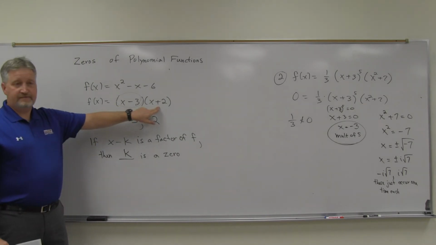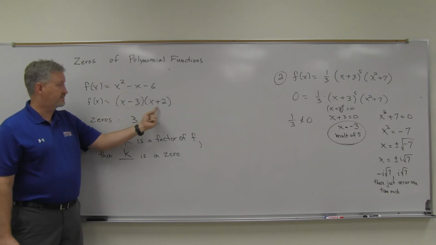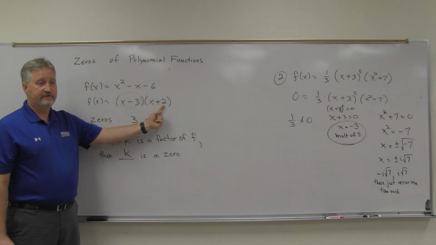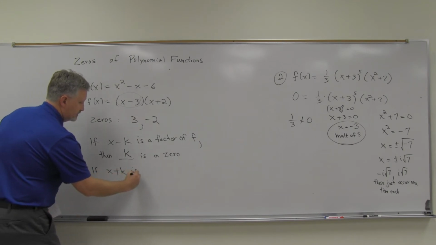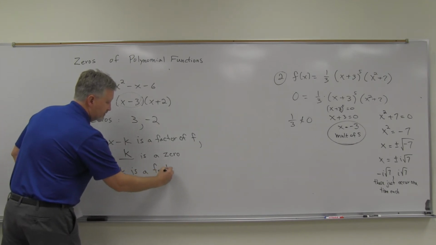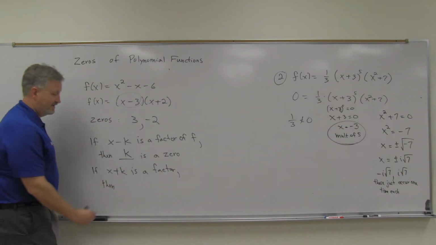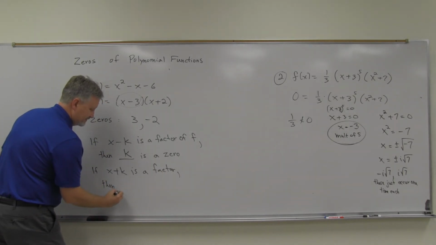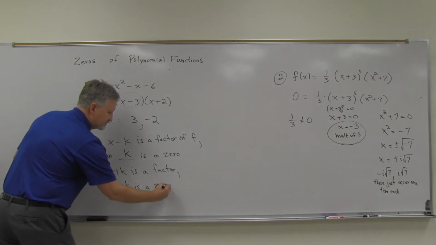Now, we could make a similar observation here. If x plus k is a factor, then what is a zero? Negative k. So how does this work?